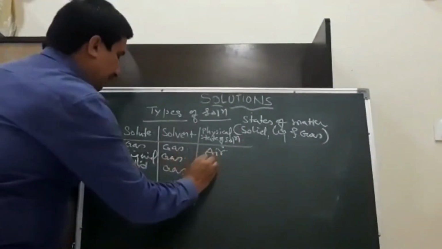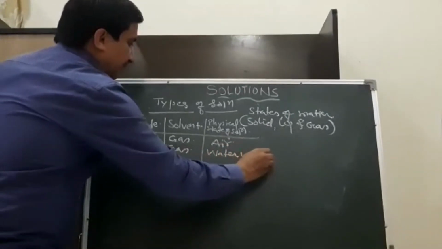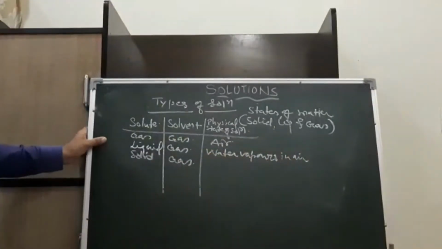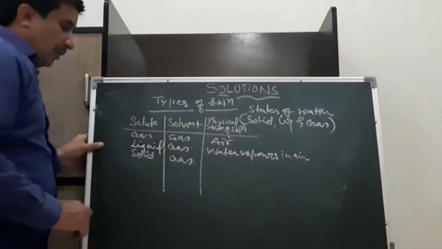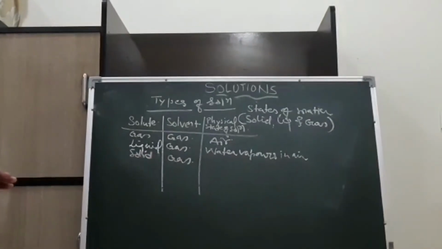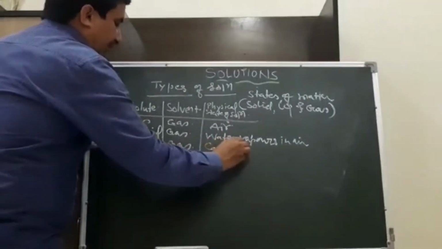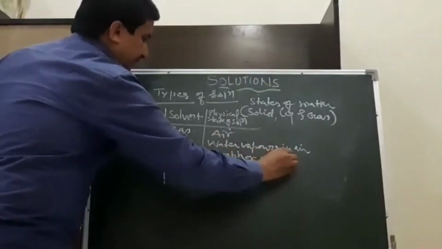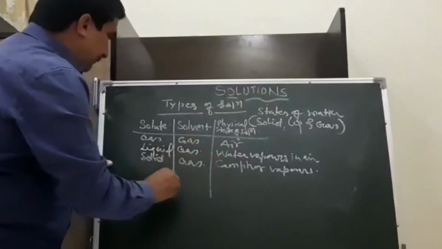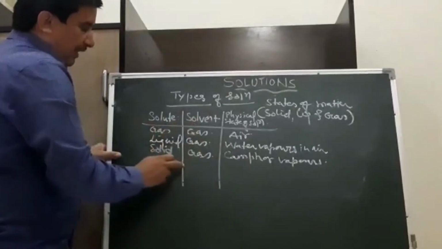For liquid in gas, water vapors in air. Next, solid in gas: the example may be camphor vapor in air, or dust particles in air.